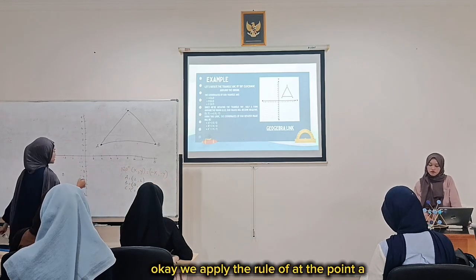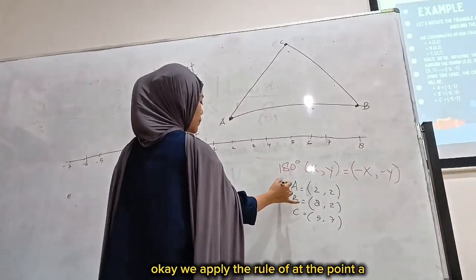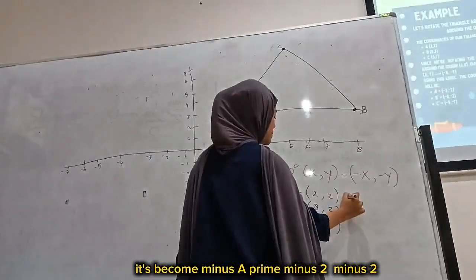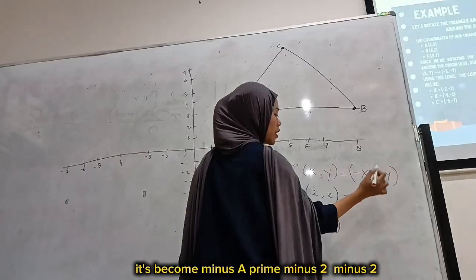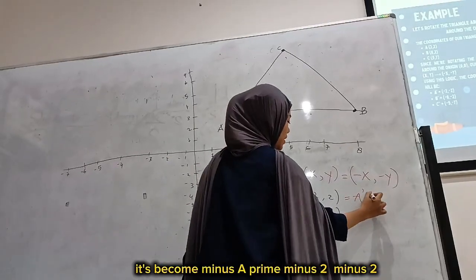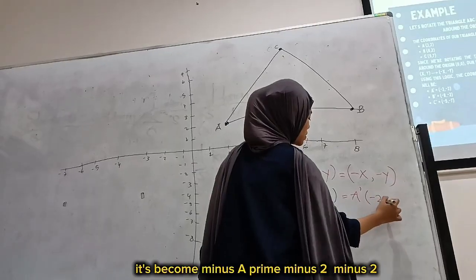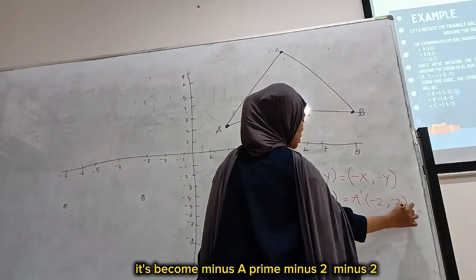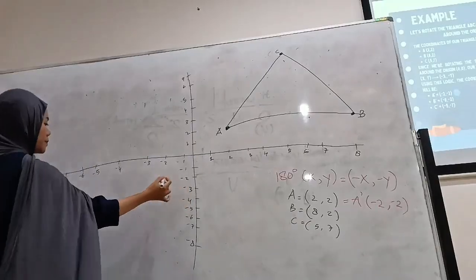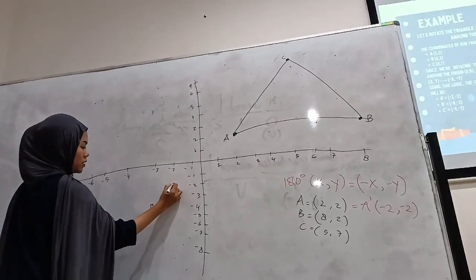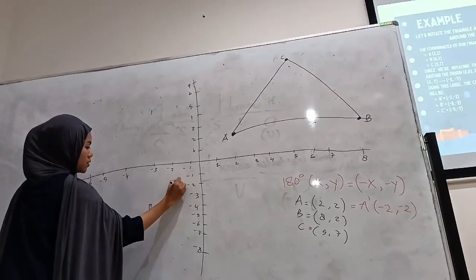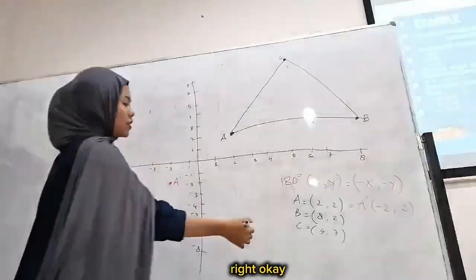Okay, we apply the rule at point A. A prime is (-2, -2). Where is it? Point A prime, okay.